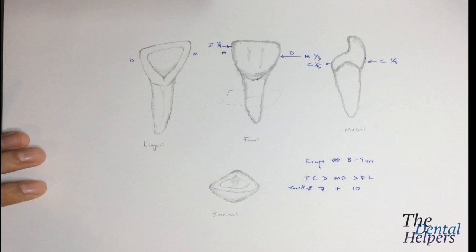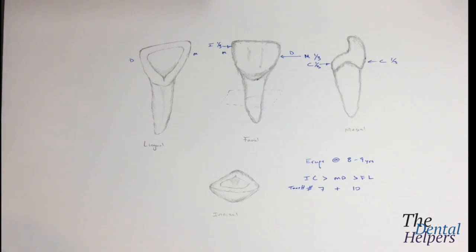And that's the subtle difference also between the maxillary centrals and the laterals. If you remember that the maxillary centrals had a triangular shape in terms of the root cross section, the maxillary laterals, on the other hand, are going to have an ovoid shape.